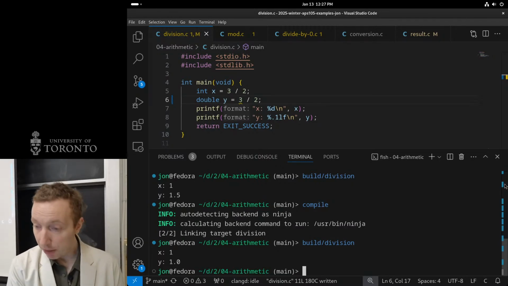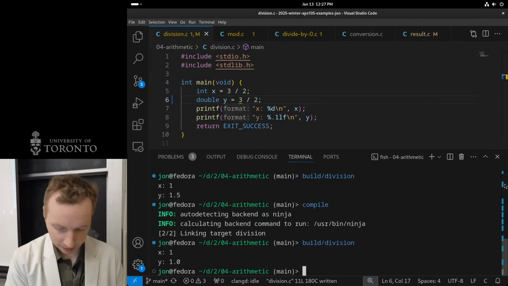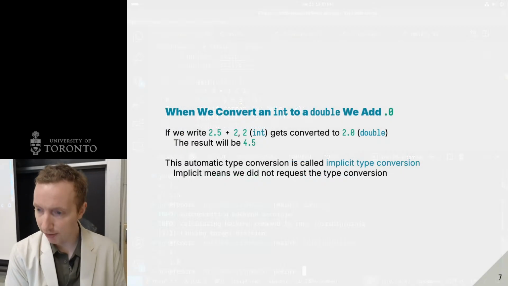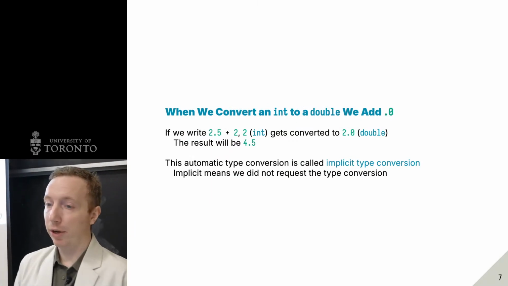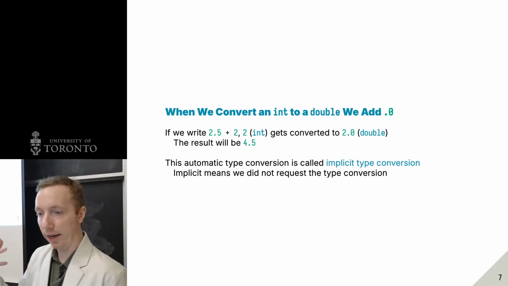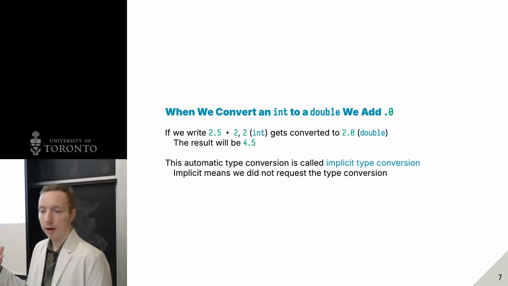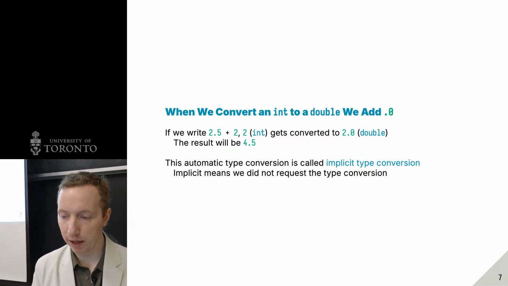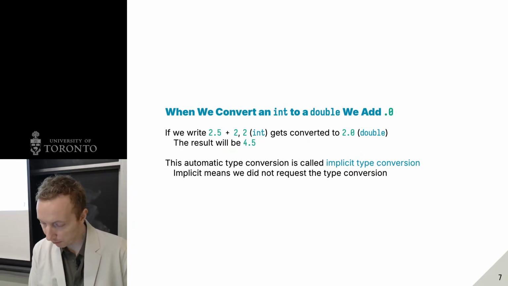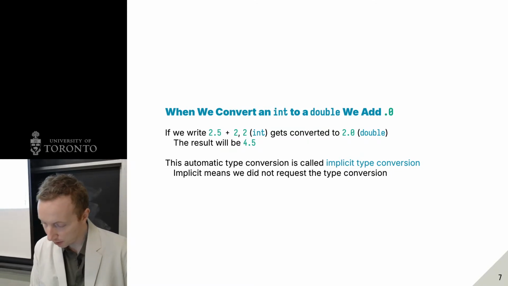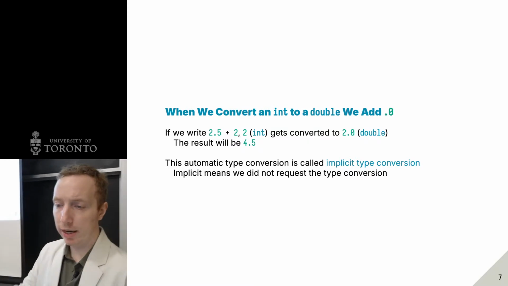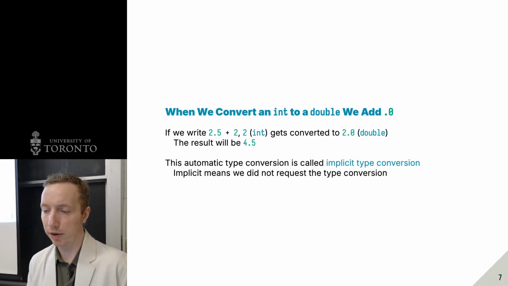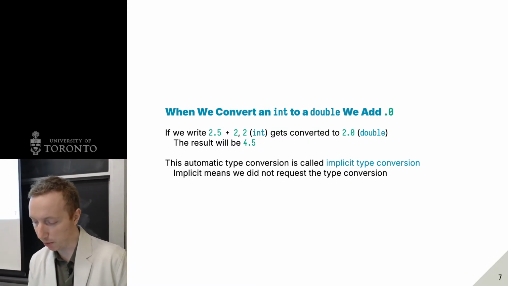So some things I can do to work around this: when I convert an int to a double, basically we add like 0.0. So if I write something like 2.5 plus 2, with 2 as an int, that just gets converted to 2.0, which is a double.